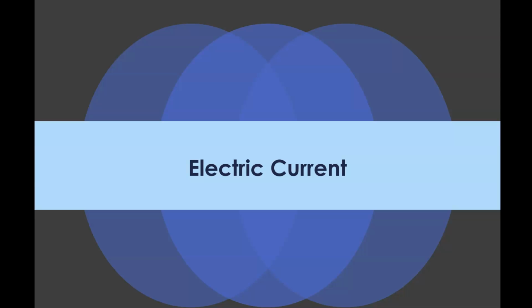Okay, so we know that electrons are the particles that are able to move, okay, from one material to the next. And some materials allow for this movement more readily than others.